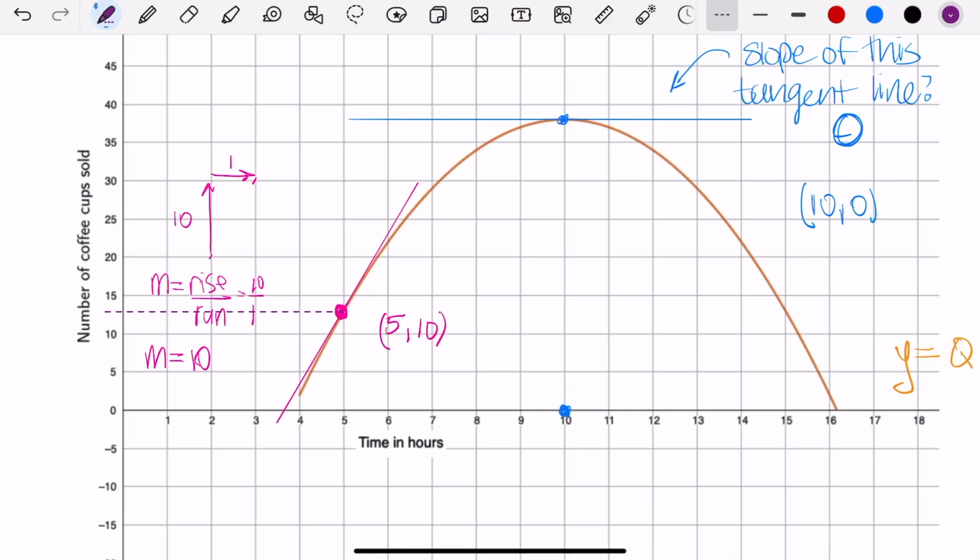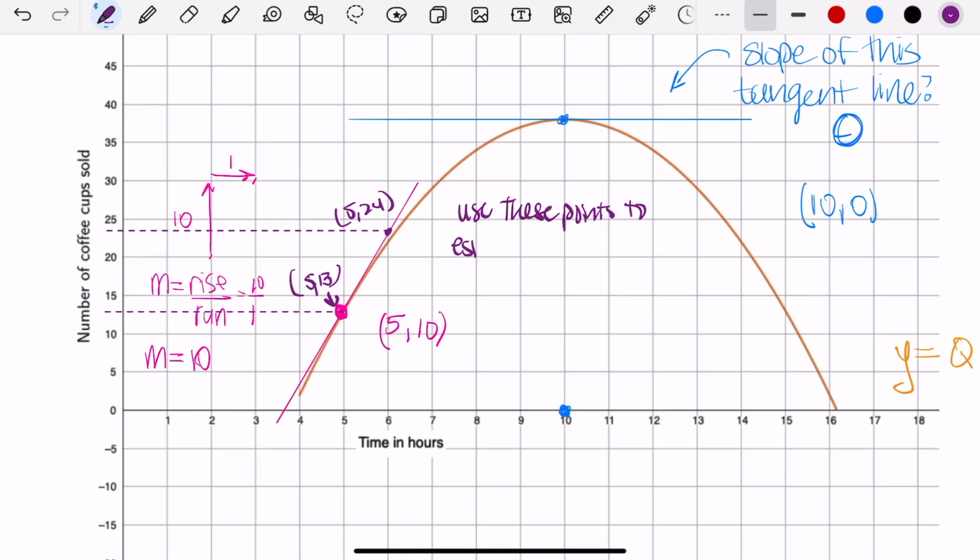So my guess is that this point here is (5, 13). And let's pick another point, right here at 6. Ooh, that's a little low. I'm going to guess that this point here, does it look like 23? It looks kind of like 24 to me.